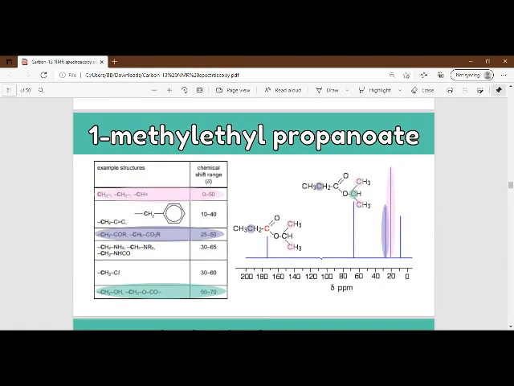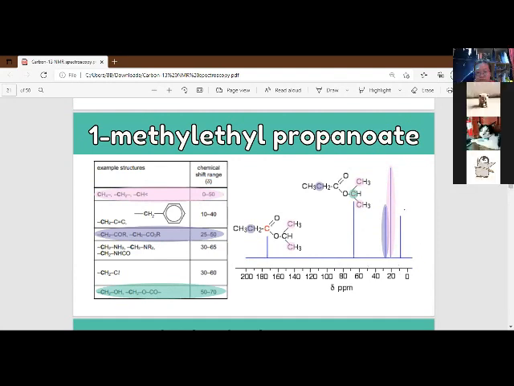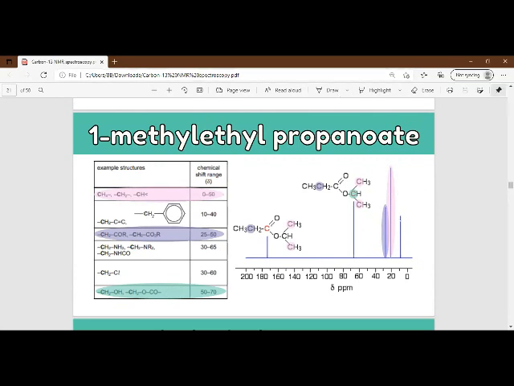So the first one, which is the farthest one on the right hand side, which is this one, is the methyl group on the left hand side, which is attached to the rest of the chain.